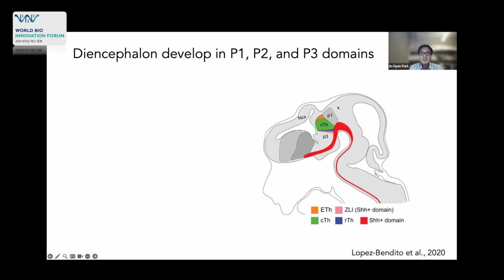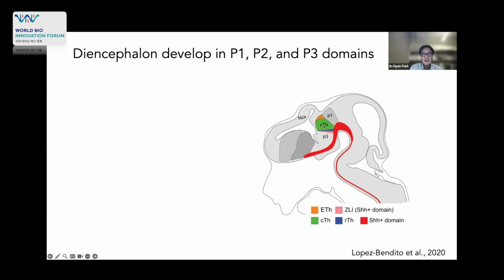So basically, the diencephalon develops as units called prosomeres, simply named prosomere 1, prosomere 2, and prosomere 3. P1 represents the pre-tectum area, P3 represents the pre-thalamic area, and P2 mainly represents the thalamus-related areas.